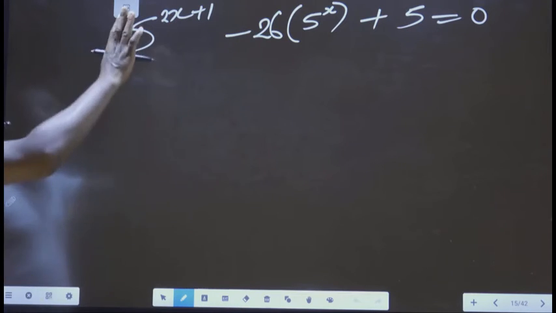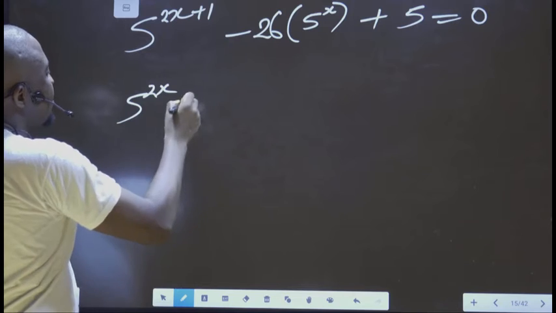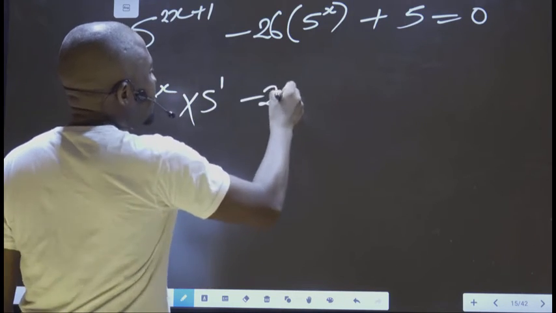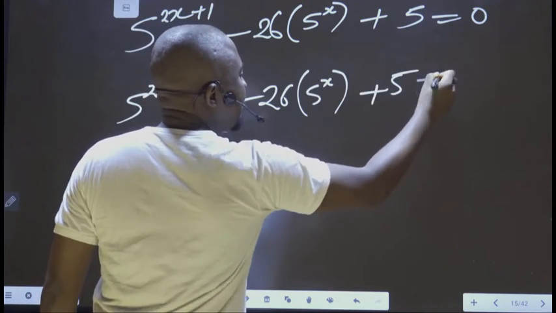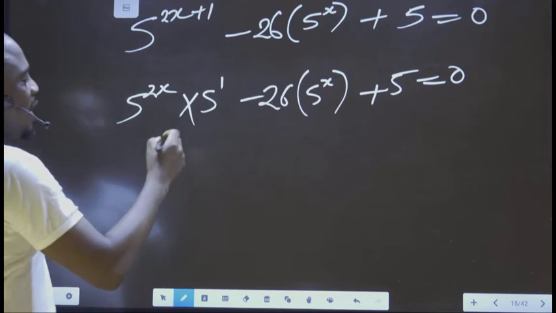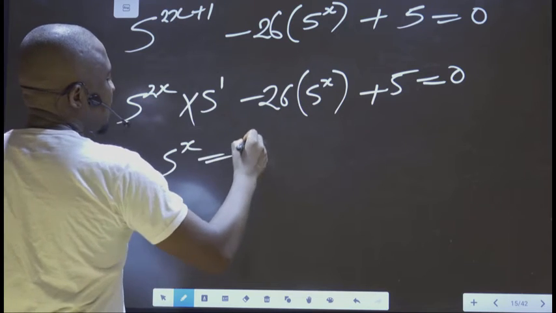Look at this. What is the meaning of this? This can also be expressed like this: 2 multiplied by 5 raised to power 2x, minus 26 times 5 raised to power x, plus 5 equals 0. Let's say 5 raised to power x is equal to k.